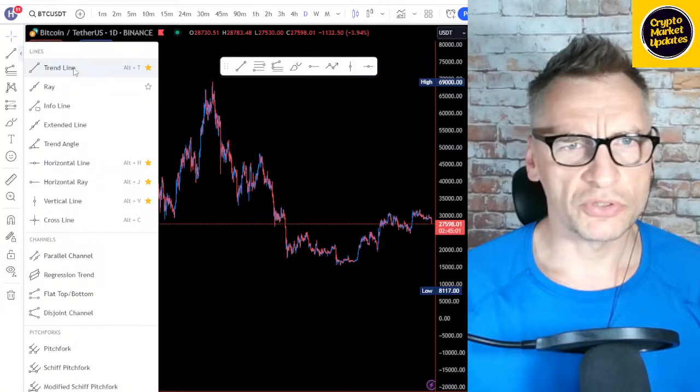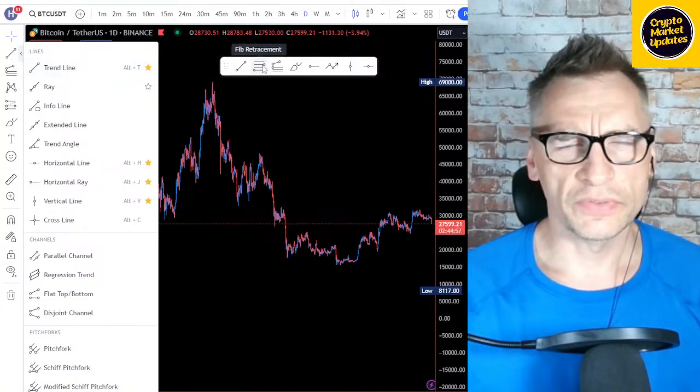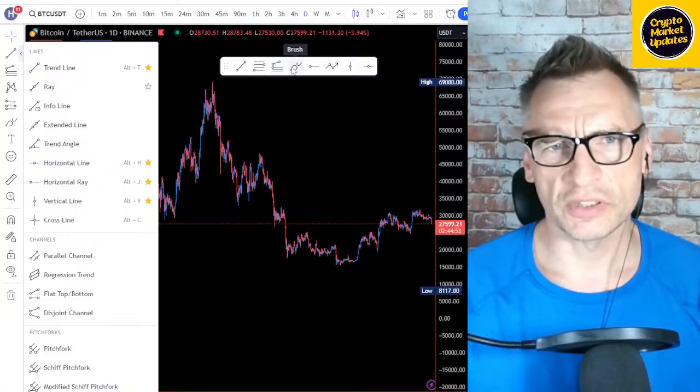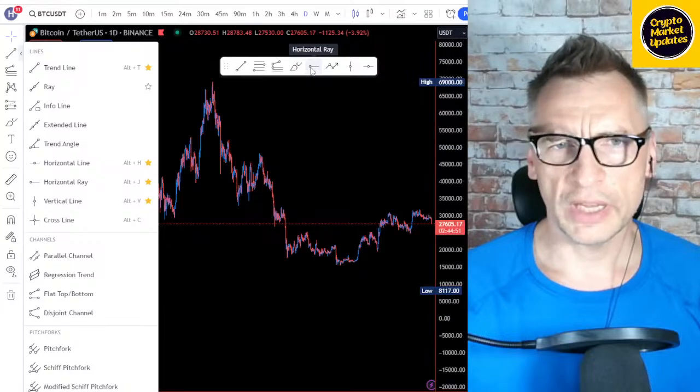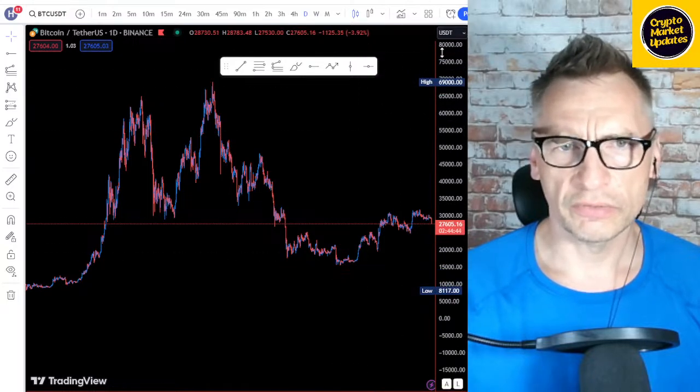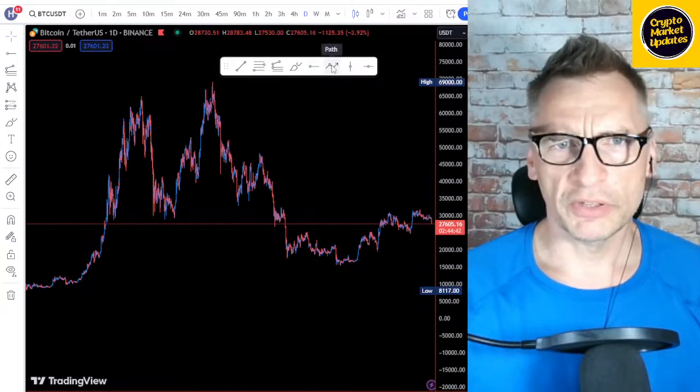What I have set up is the trend line. This is the Fibonacci retracement. This is the trend-based Fibonacci retracement. There's a horizontal ray which shoots out a ray based on wherever I point. It just shoots a ray towards the end of the screen. This is a path.